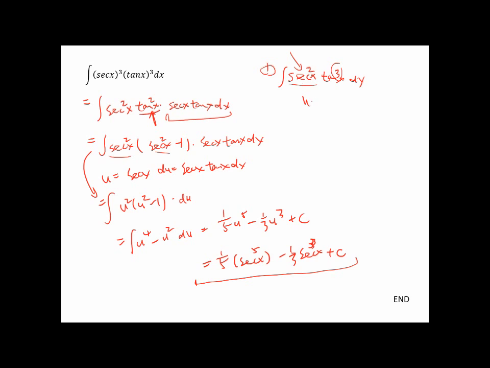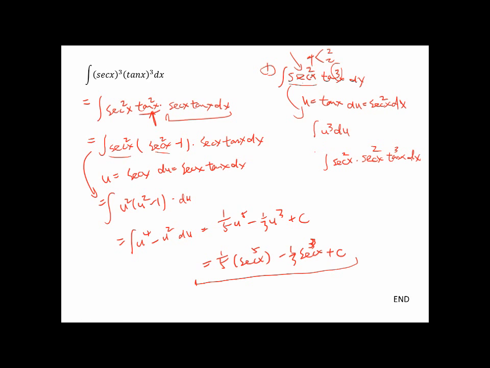I can say u equals tangent x, du is going to be secant x squared dx. Plug in, which is u cubed du. If I raise the power to 4, I want to separate it into secant x squared by secant x squared tangent x cubed dx.